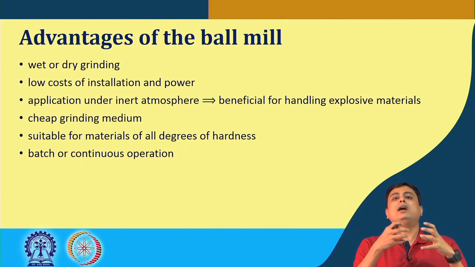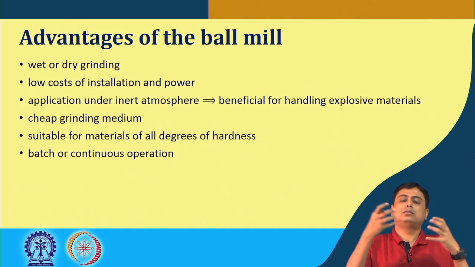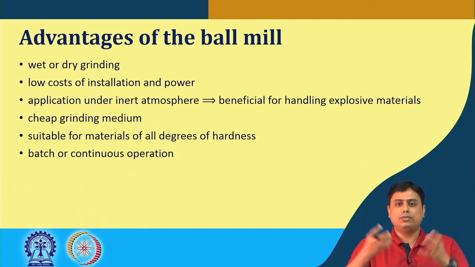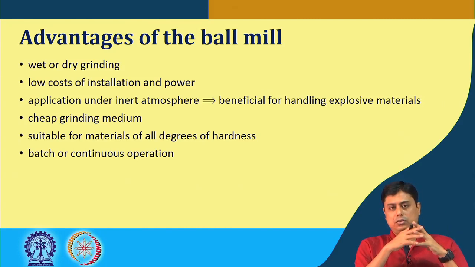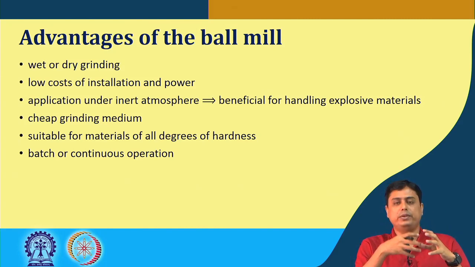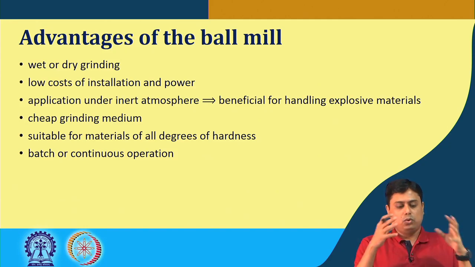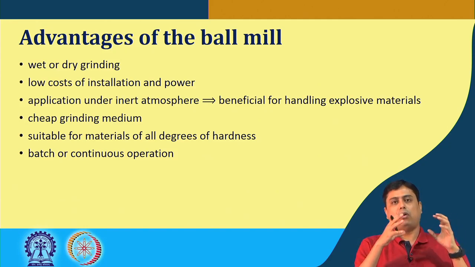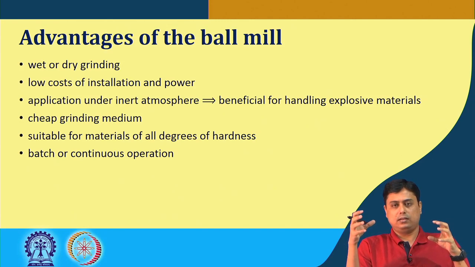The grinding medium is cheaper. The balls can be constructed of cheaper materials, but it should be strong enough to withstand the wear and tear. It is suitable for materials of all degrees of hardness.